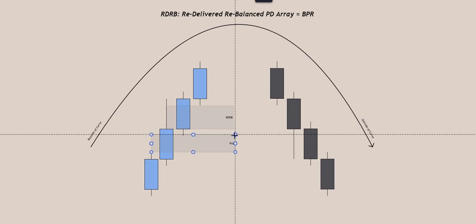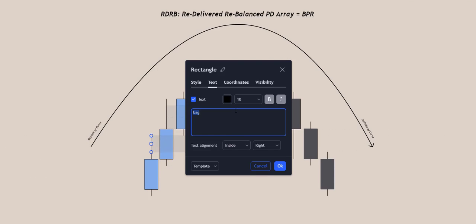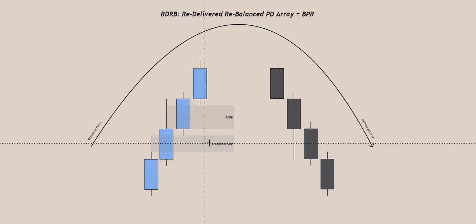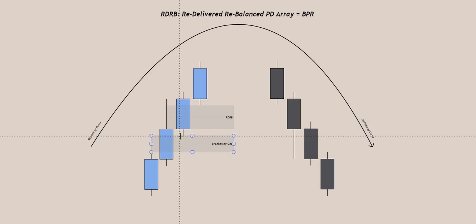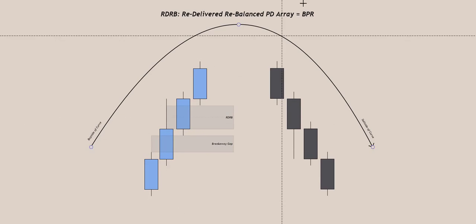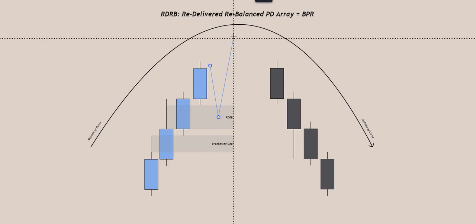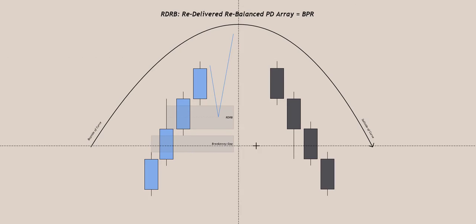And that's why in my trade management, I'll put this as a breakaway gap. I'll just type it out. So here, breakaway gap. This was originally a fair value gap. Once this RDRB forms, we look at it as a PD array it's going to support from, and we can look at the fair value gap resting below as a breakaway gap.